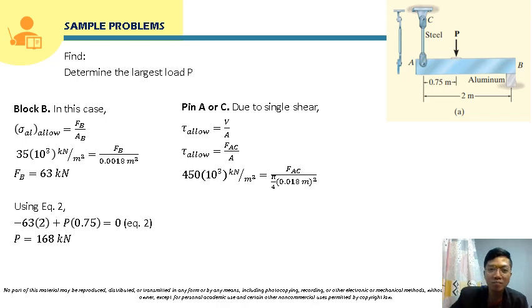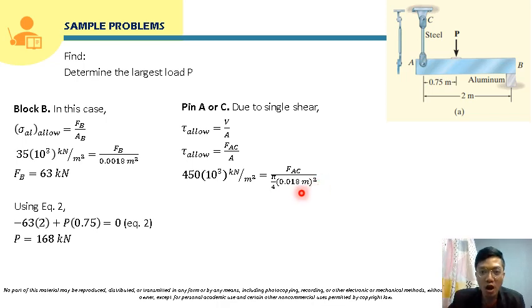Okay, and then for the allowable shear stress for the pin, that will be 450 megapascal. So we will convert that to kilonewton per meter squared, or kilopascal, by multiplying by 1000 here. So this will be equal to FAC. And for the area of the pin, the diameter of the pin is given, right?